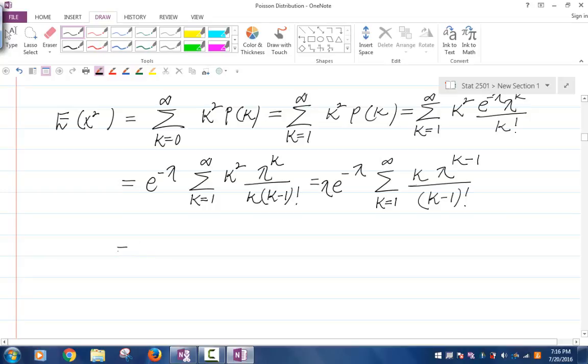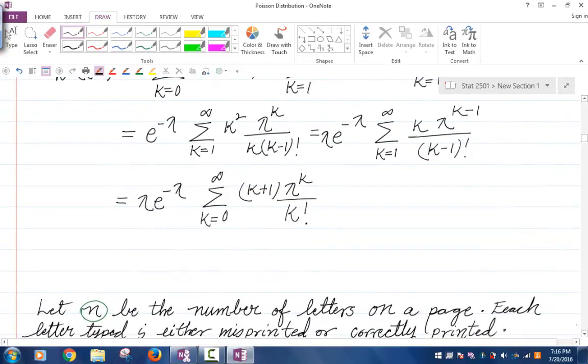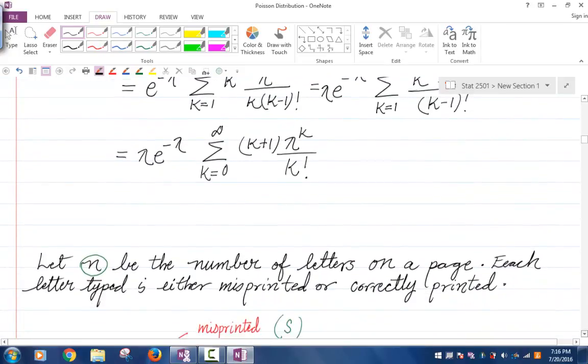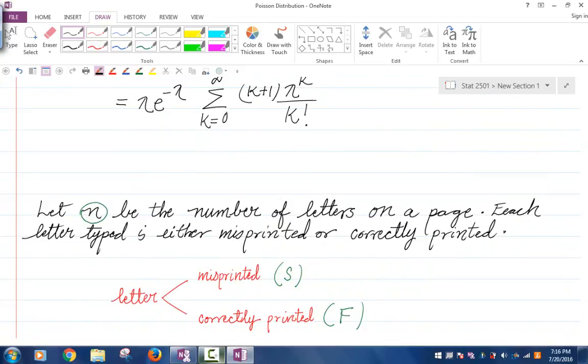So now I'm going to change the index for the sum. I'm going to replace k by k plus 1. If I do that, I get k going from 0 to infinity, with k replaced by k plus 1, lambda to the k, divided by k factorial. I need to make a little bit more room here.